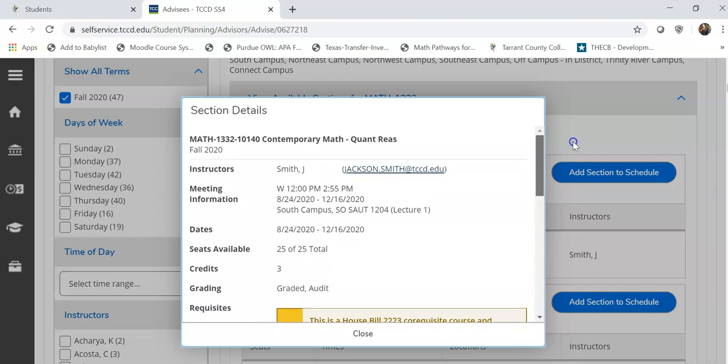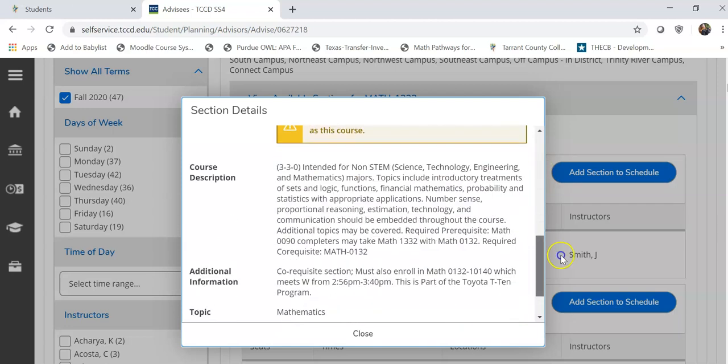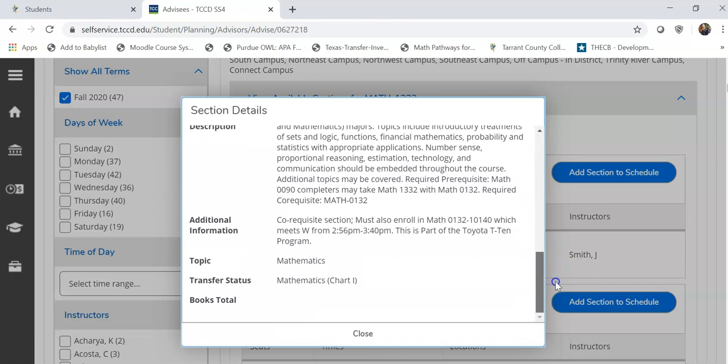So it's going to tell you right here that Professor Smith's class is on Wednesdays 12 p.m. to 2:55 p.m. at the South Campus. So you got to remember that time. And then must also enroll in Math 0132. And notice that class continues at 2:56 p.m. That means it's the same instructor.